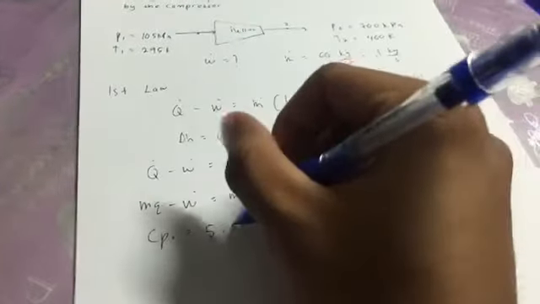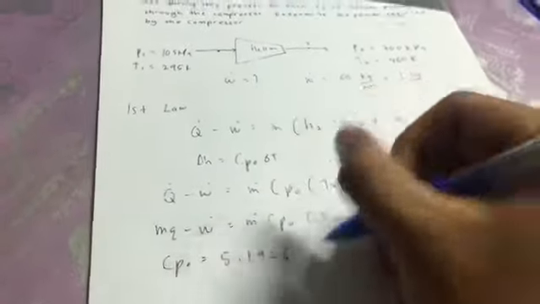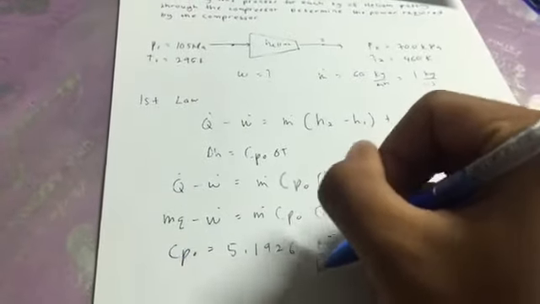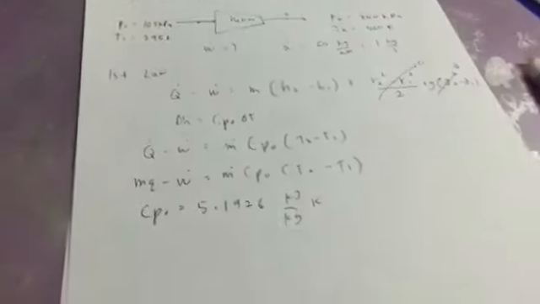Okay, Cp equal to 5.1926 kilojoule per kg Kelvin.